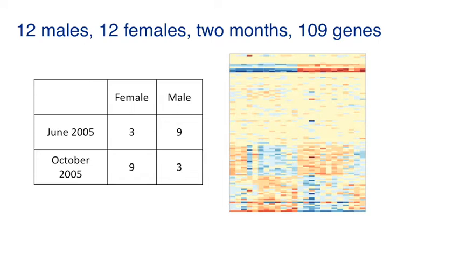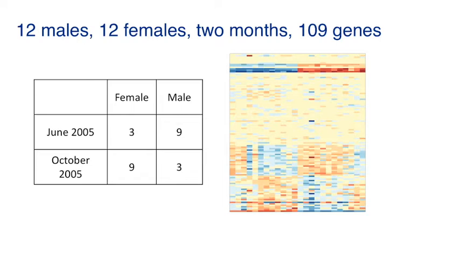That's making sense. Now, can we see June? October. June is red here.